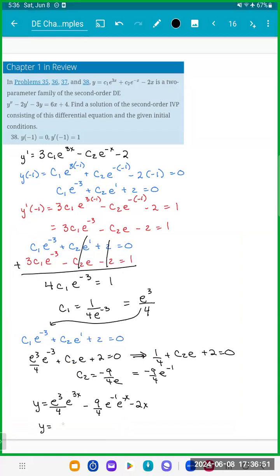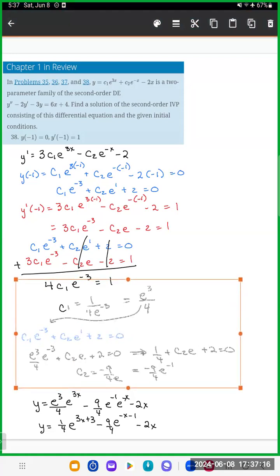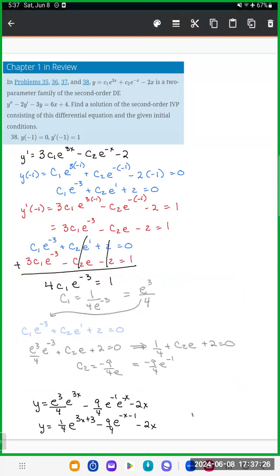We have y equals 1/4 e to the 3x plus 3 minus 9/4 e to the -x minus 1 minus 2x for our final solution.